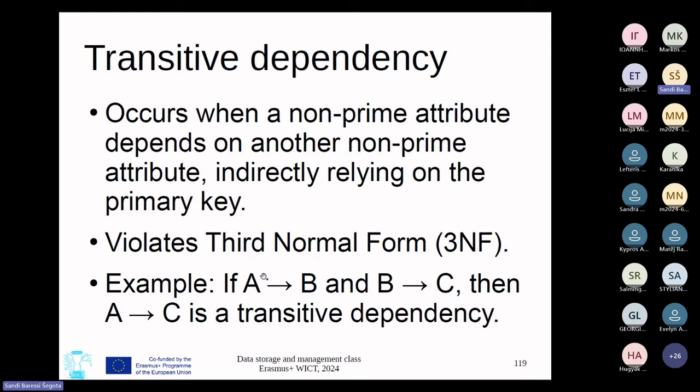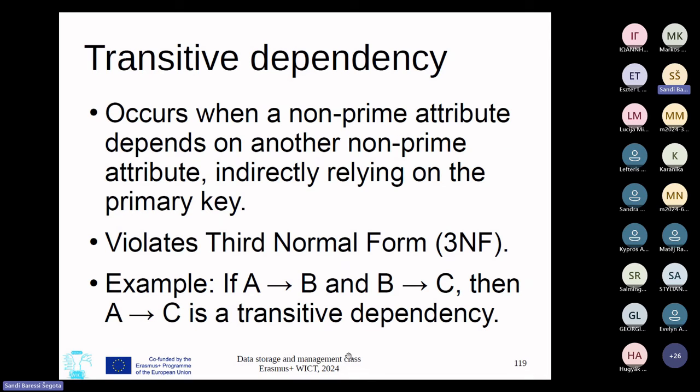This is easier to understand: if A depends on B and B depends on C, then A depends on C. This means you have information in your table that is not necessary, because you don't need to describe this when this already describes it.